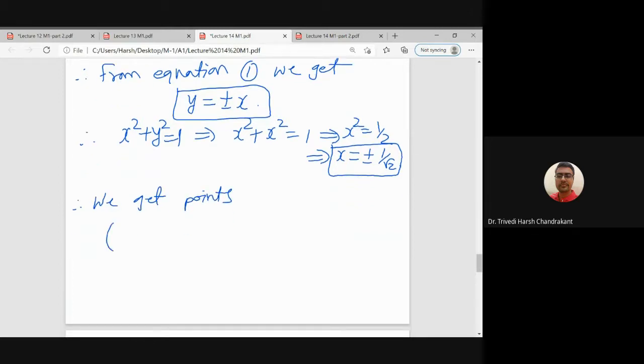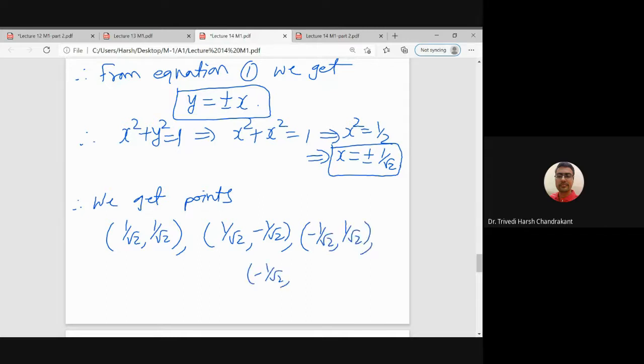So therefore we get the points. If x is 1 by root 2, and y has the same sign, it is this point. If x is 1 by root 2 and y is negative, then it is minus 1 by root 2. Similarly, the other 2 points, if x is negative. So you can see that all these 4 points lie on the unit circle, right?